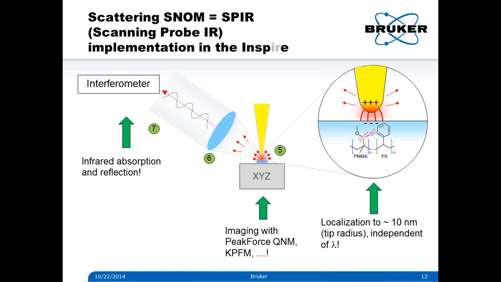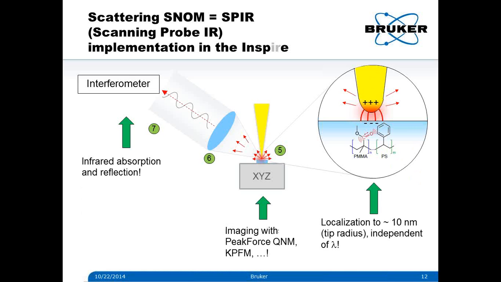Now, the different components have different functions here. So the tip gives you a localization down to 10 nanometer, which is roughly the tip radius. So the resolution is determined by the tip radius. And this technique is independent of the wavelength that you are using.